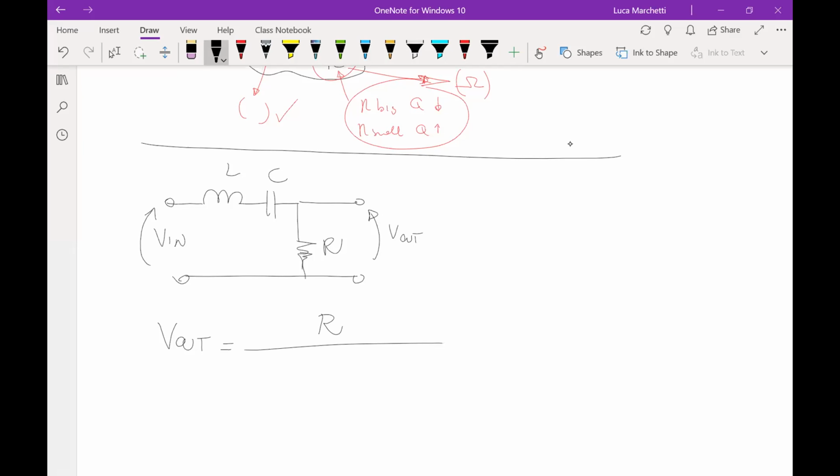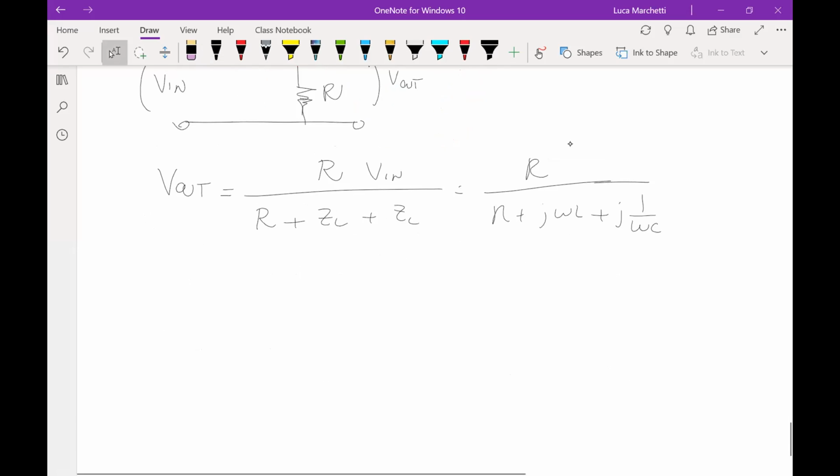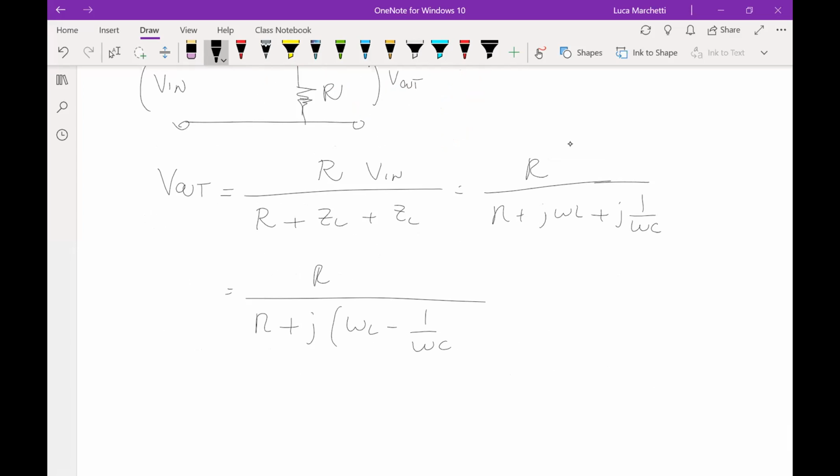Z_L plus Z_C, multiplied by V in, of course, R divided by R plus j omega L plus 1 over j omega C. And then I write R divided by R plus j, in common, omega L minus 1 over omega C.